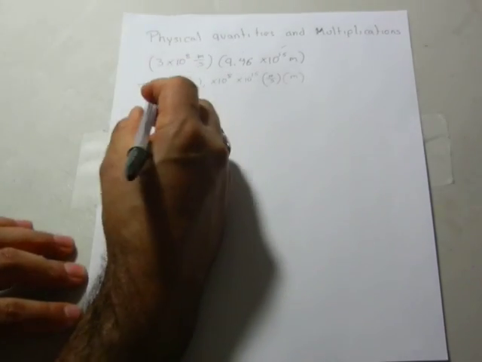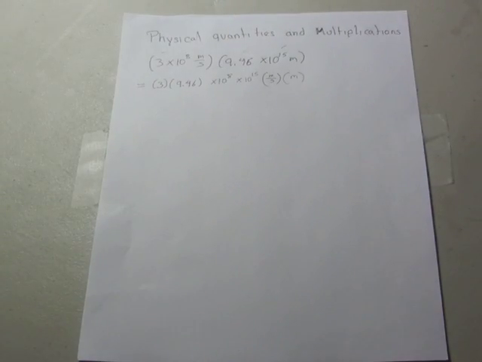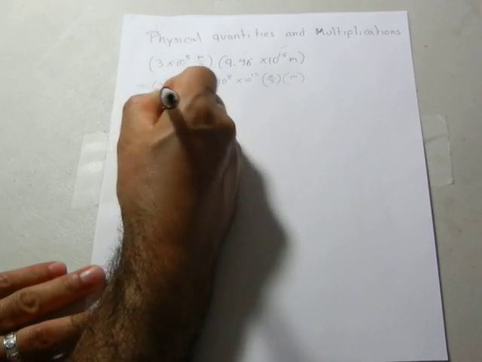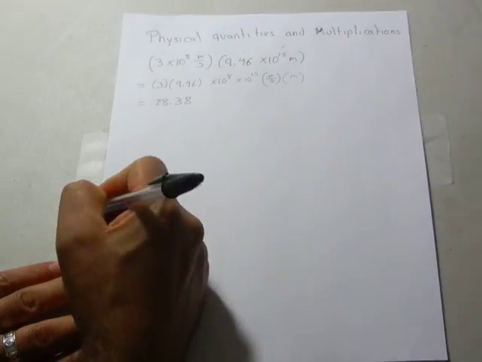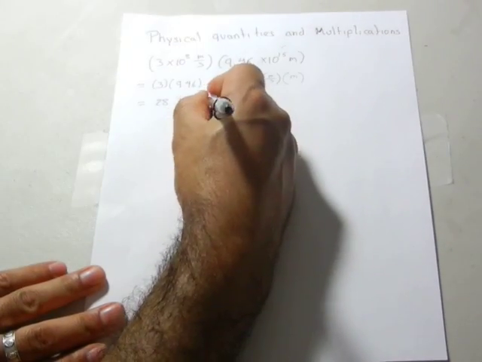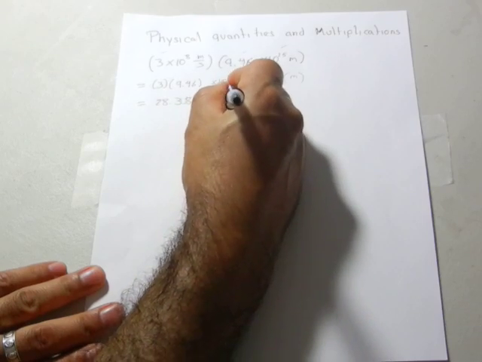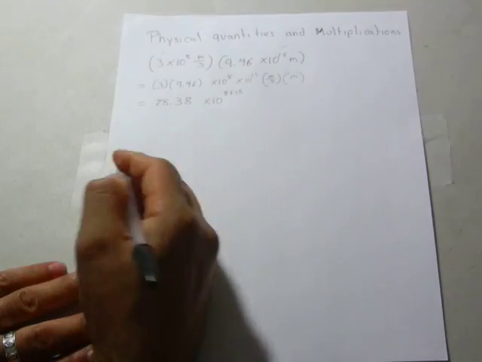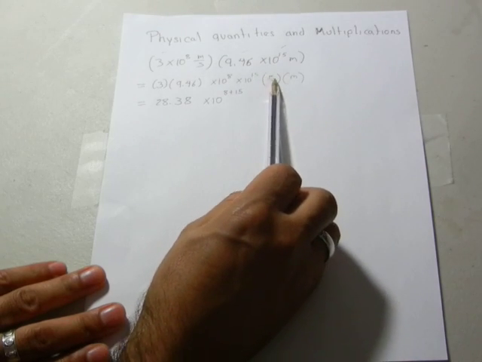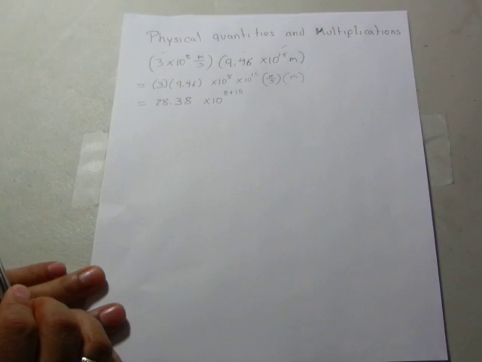Solving, in this case, the multiplication, 3 times 9.46, we are going to get 28.38. Multiplication with the same base, we are going to add the exponent. And for units, we have a fraction times an integer.